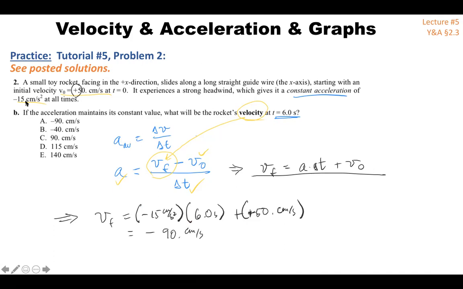I watch my units cancel. Plus 50 centimeters per second. And that should be negative 40 centimeters per second. Looks like my sig figs just carried along, so it's 2 sig figs. Good. So sanity checking, yes, we already said at the very start that we would expect this to be negative. So that's exactly what we got.